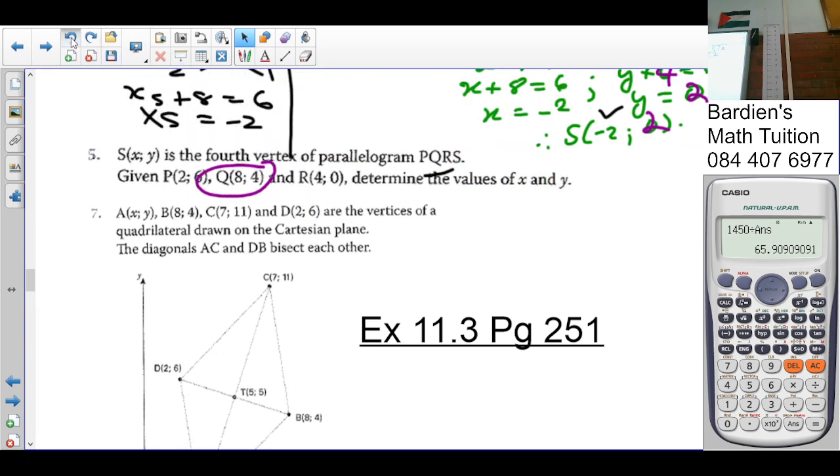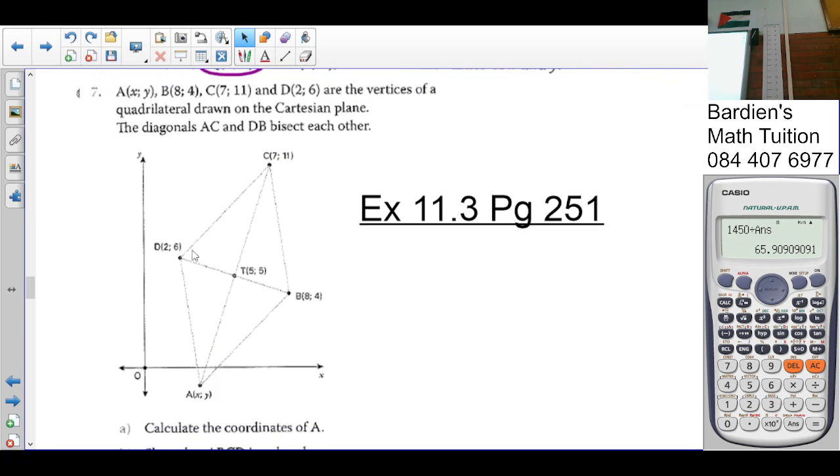Okay, we'll talk about question 6 later. Alright. The diagonal AC bisects BD, which means to say this length there is equal to that, whilst that is equal to that. Okay. They want you to work out the coordinates of A.